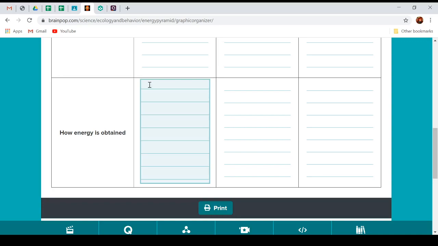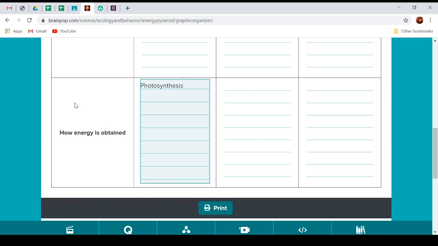They have to change that energy. So they're going to change that energy through a process called photosynthesis. Remember we learned about this in class earlier this year. We wrote the equation for it.